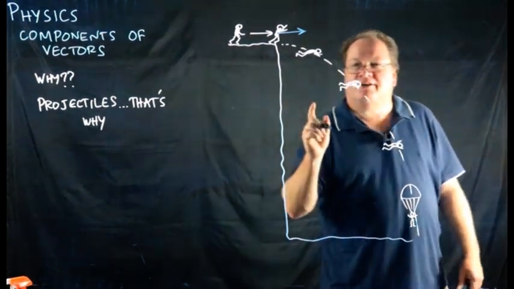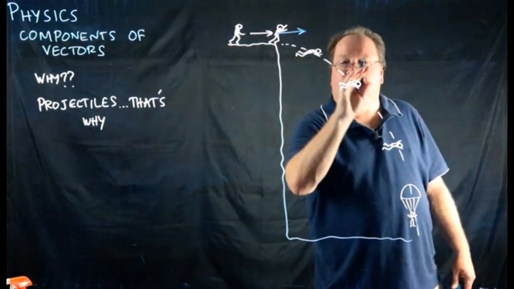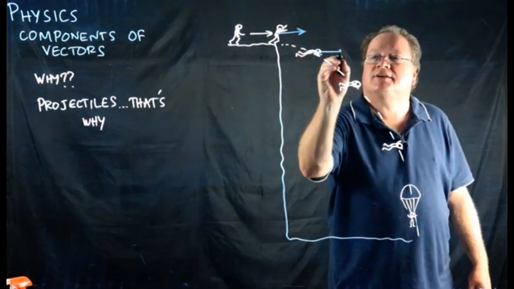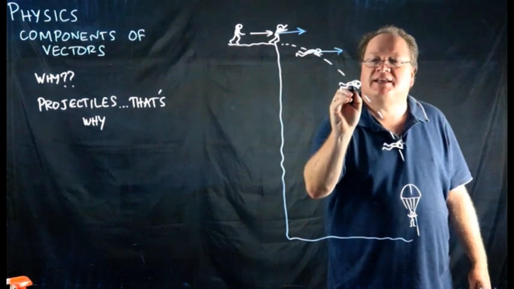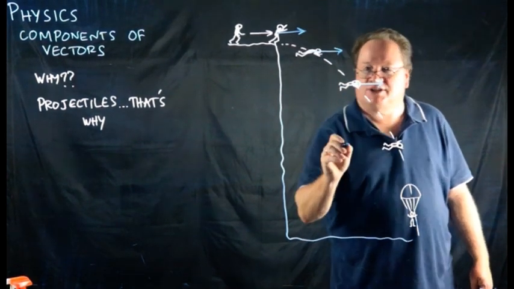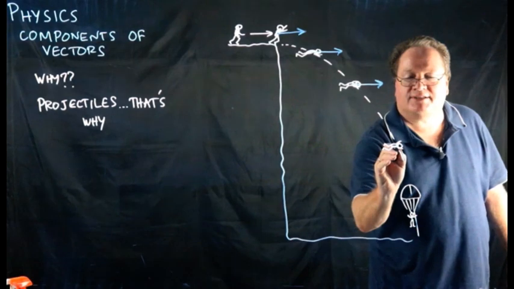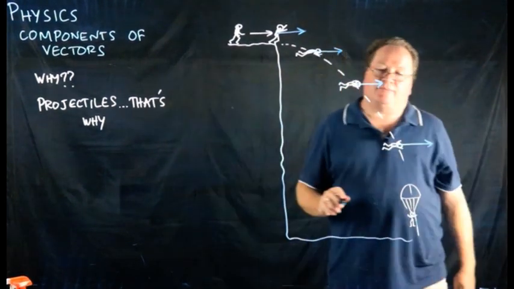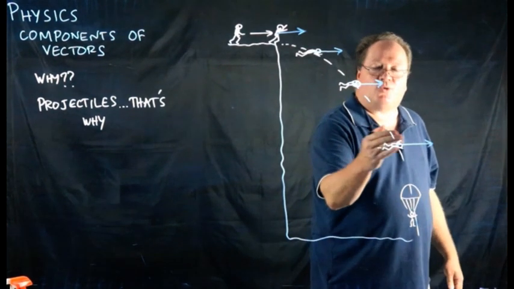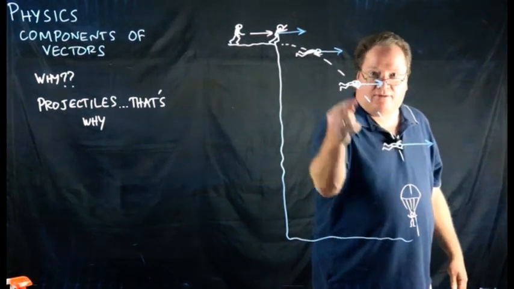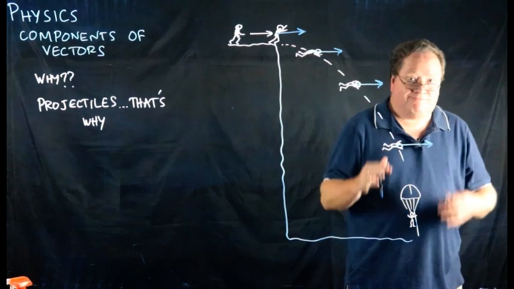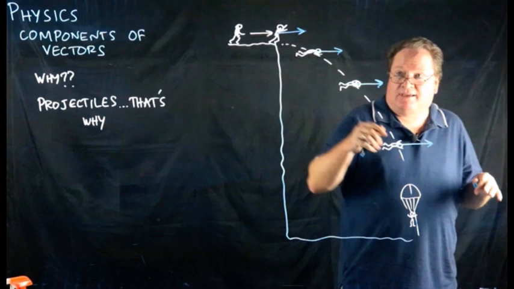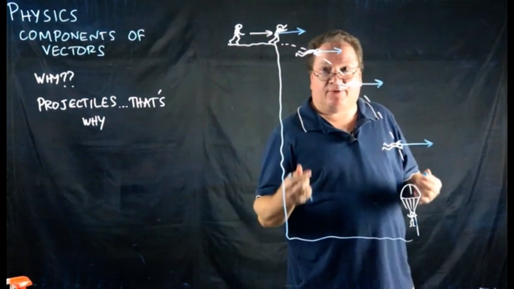And we're going to go into this when we talk about projectiles: that horizontal motion never changes. Notice how all of these arrows should be the same length. You maintain this horizontal motion all the way through it. The reason is there's really nothing to slow you down if we ignore air resistance. You're going to keep moving this way at the same rate.